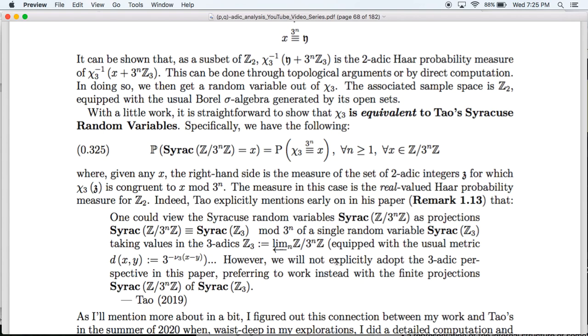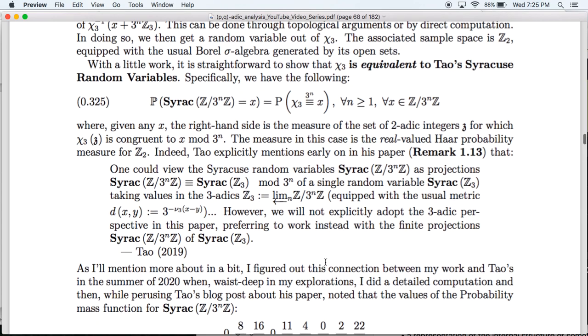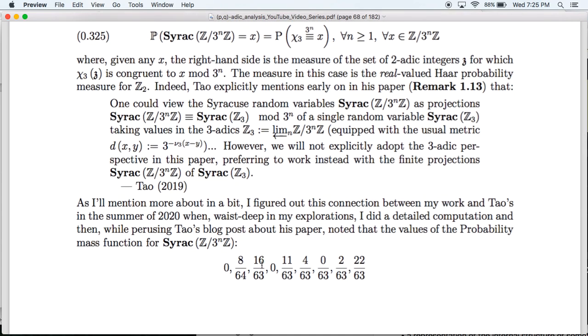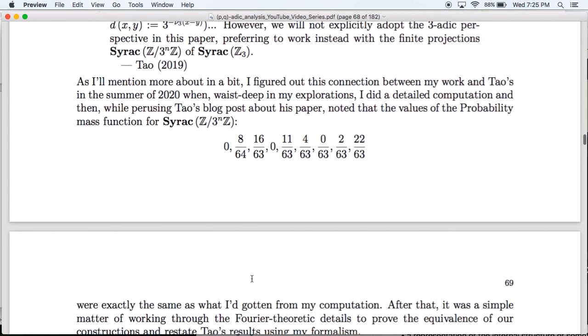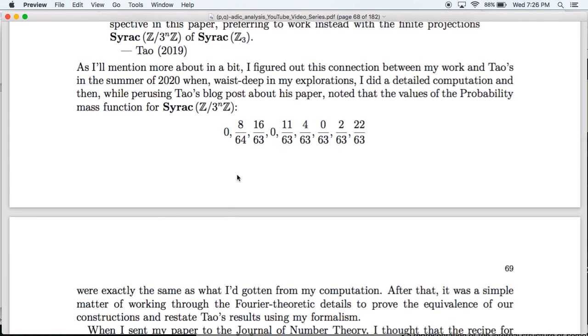However, we will not explicitly adopt the 3-adic perspective in this paper, preferring to work instead with the finite projections. As I'll mention more about in a bit, I figured out this connection between my work and Tao's in the summer of 2020 when, waist deep in my explorations, I did a detailed computation, and then while perusing Tao's blog post about his paper, I noted that the values of the probability mass function for Syrac of Z mod 3 squared Z, he lists these numbers, both on his blog post and his paper, and these were the exact same numbers I'd gotten from my computation.